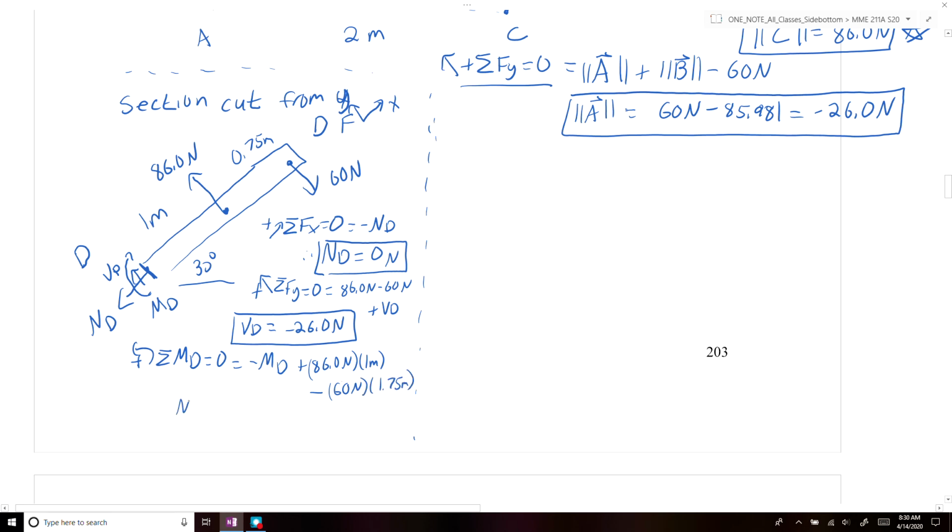So MD is going to be equal to minus 19.0 newton meters.